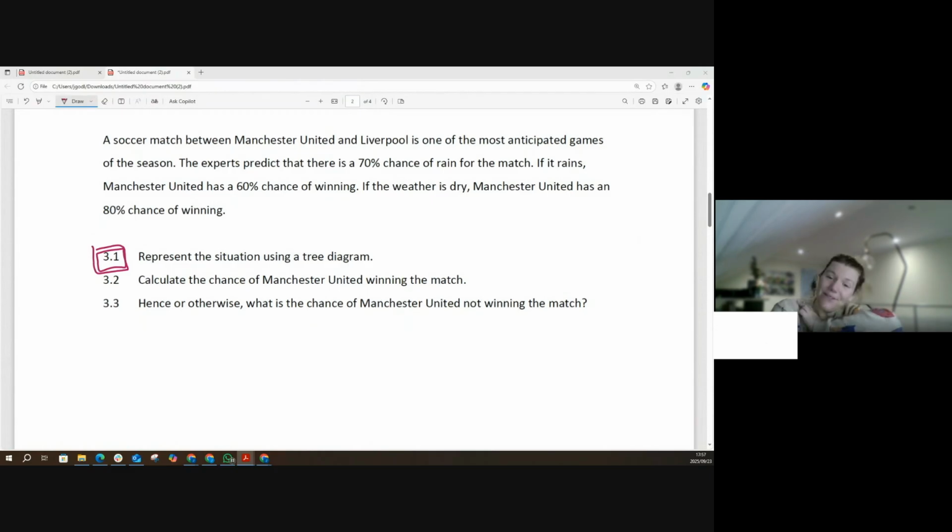Okay, I'm going to give you 3 more minutes. You don't have to answer the questions. This is just about drawing the tree diagram.